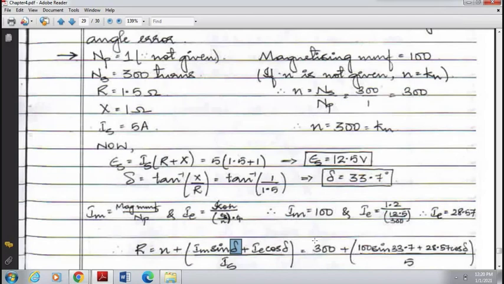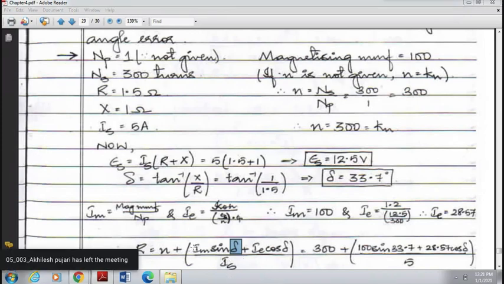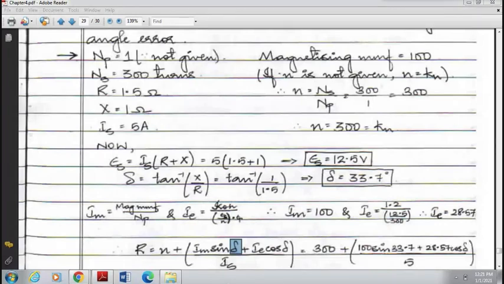To find out R, we have to use this equation, that is R is equal to n plus Im sin delta plus Ie cos delta divided by Is. Here Im and Ie are unknown. First, we are going to find Im and Ie, and also delta is unknown. You can find out delta by using the equation tan inverse of X by R. Find out that, substitute in the equation, and find out the value of R.